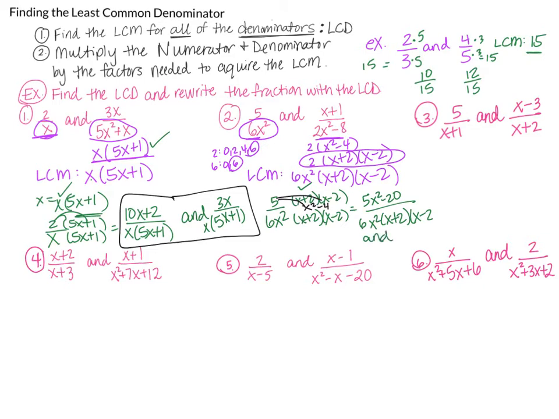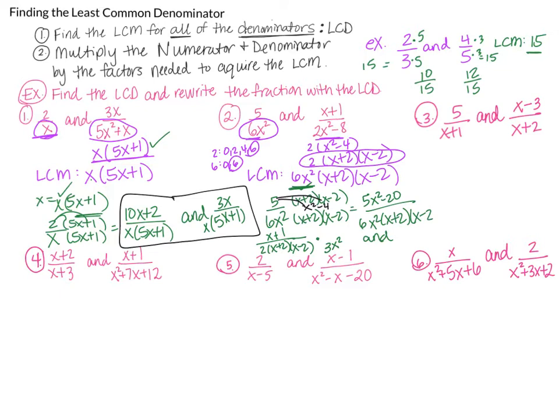Now, my other fraction that I'm going to have, I have my x plus 1 over my 2 times (x plus 2) times (x minus 2). Now, multiplying 2 to get to 6, right, because I need the 6x squared. Multiplying 2 to get to 6, I'm going to need to multiply it by a 3. I also need an x squared.